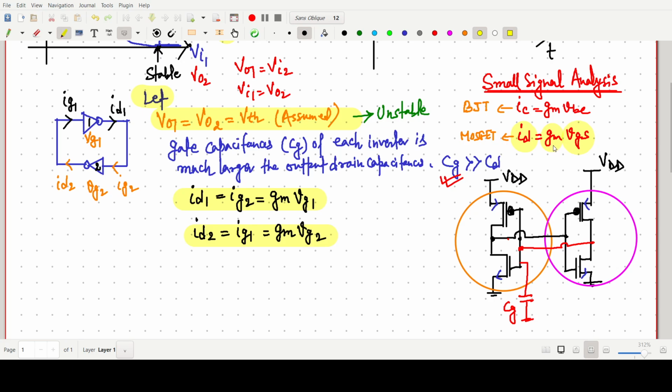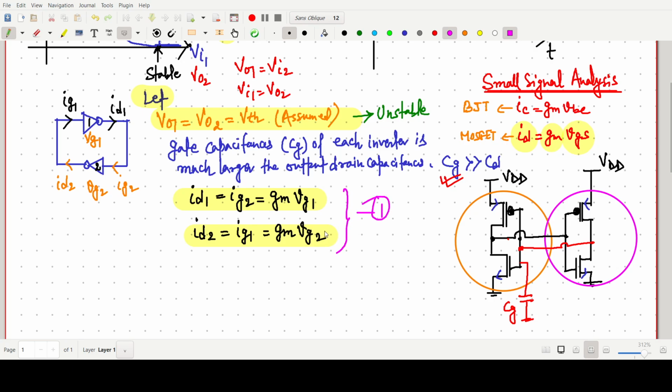All are MOS transistors, so we are assuming the same transconductance value. So Id1 is Gm Vg1, equal to Ig2, and Id2 is Ig1, equal to Gm times Vg2. We can write this one.